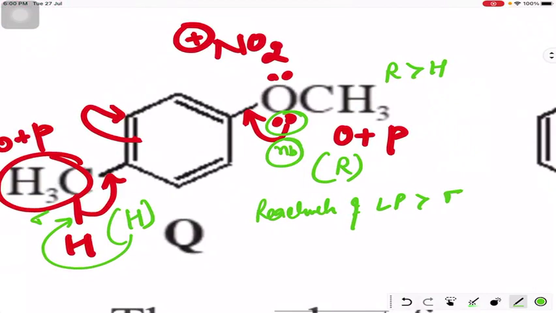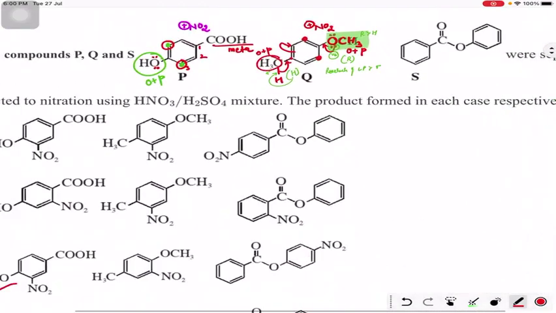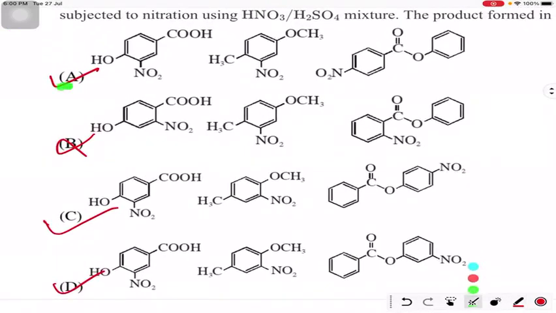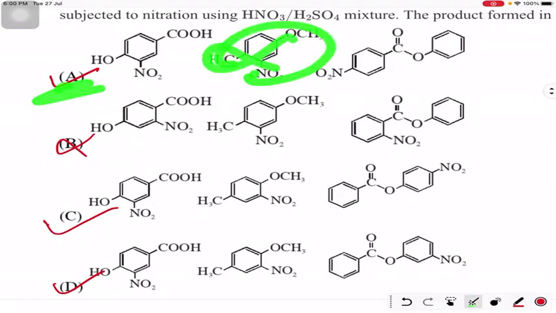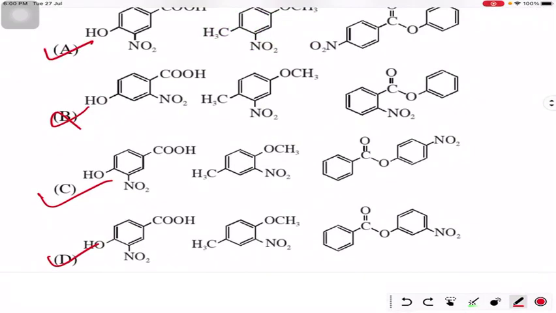It means the position where the nitronium group will come in the ring will be decided by the methoxy group only. So according to the methoxy group, attack can be at this position, and para is already occupied. So we can pick the options. In option A, it cannot be the answer. Then in option C, this can be the option. So we are left with C and D.